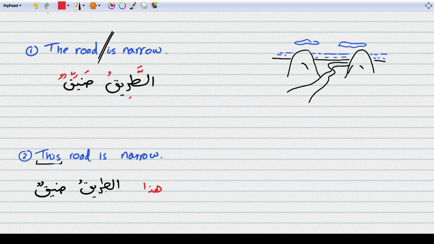Notice one thing, that in English you don't say the road is narrow, but in Arabic we do, in a certain way. We use defined words because the logical way is that you're pointing at something that is known, this road or this apple or this object.